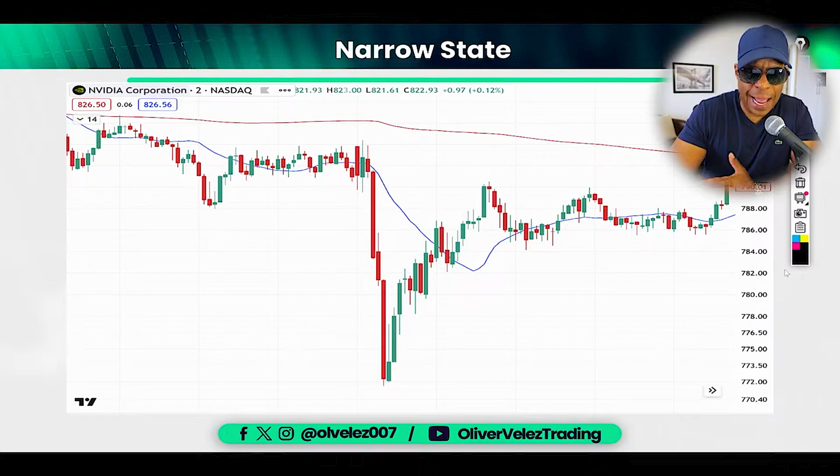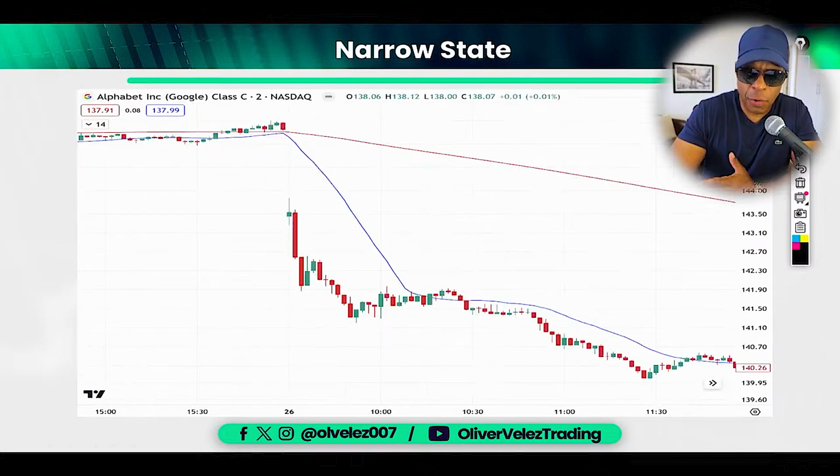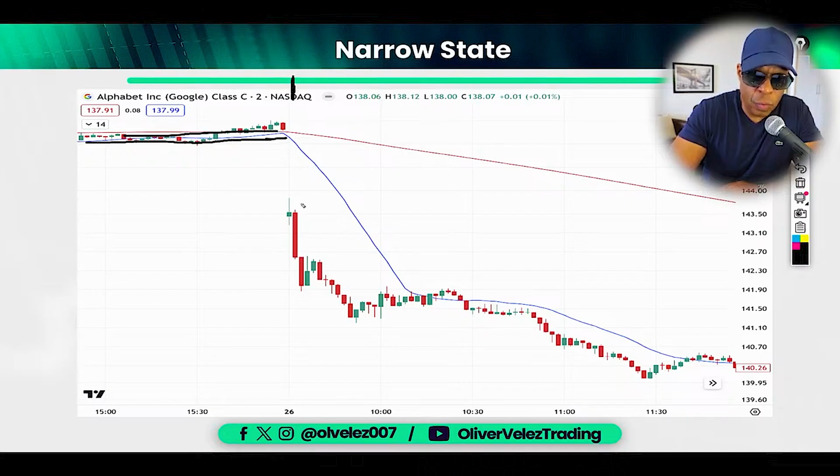And your gains happen real fast with this. Okay? Let's take a look at another example. Narrow state, guys. Narrow state. Now, we don't open up here. We open down there. Okay? Now, we need either a power red bar below.